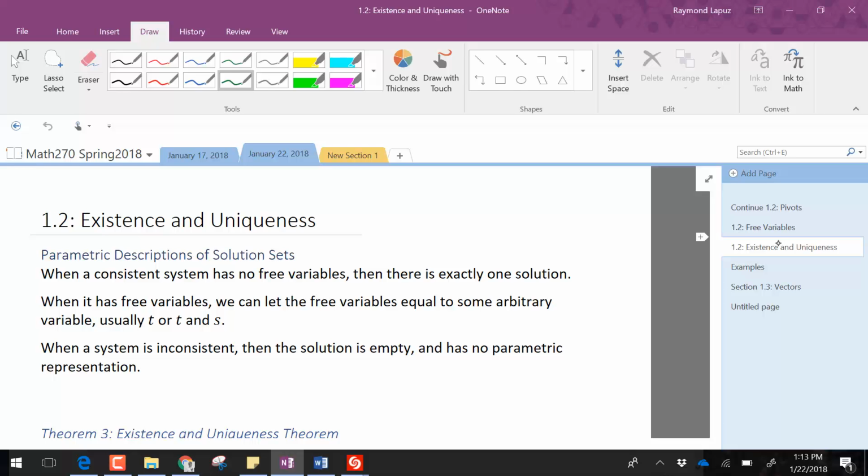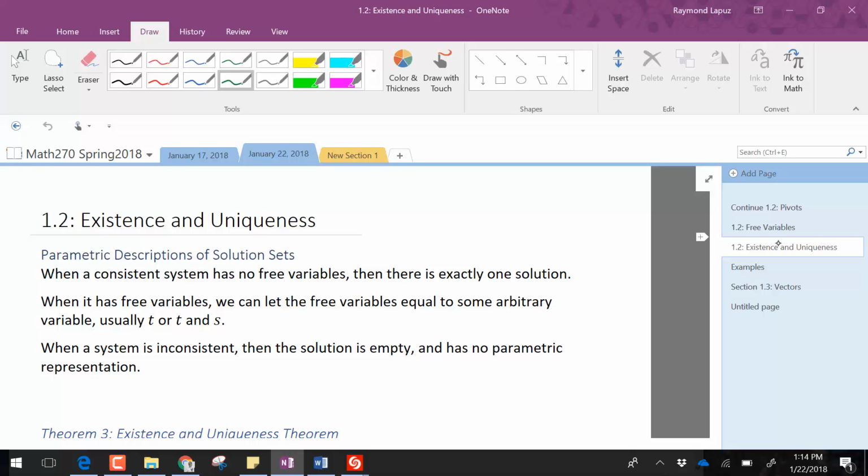And for the sake of parametric equations, in one or two parameters where we can actually try to visualize and graph it, we can call them S and T. Call those free variables S and T. And when the system is inconsistent, then it has no parametric representation.